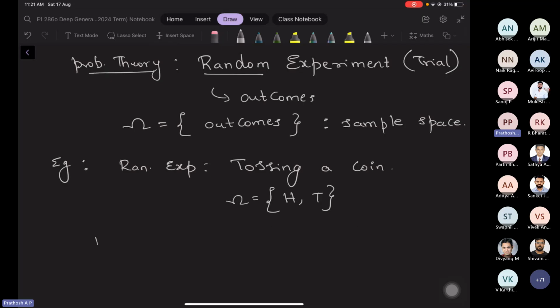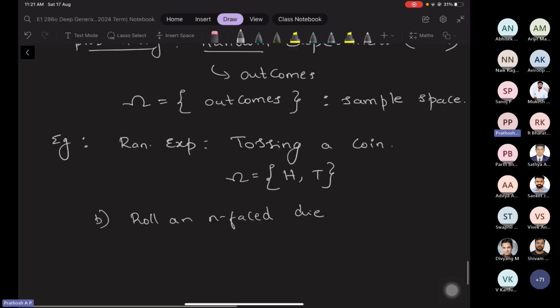Now, another example, people can tell me what it is, you can roll an n-faced die. The sample space in that case would be 1, 2, whatever possible outcomes up to n. So you've got an idea of what is a random experiment, right?